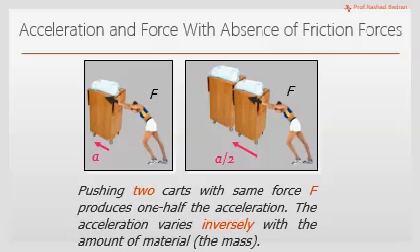As long as the masses become double, then we expect the acceleration to become half of the previous one, because the acceleration varies inversely with the mass when you keep the force constant.